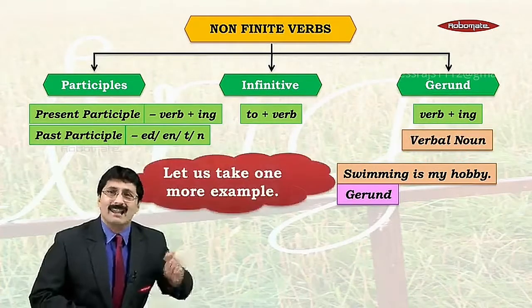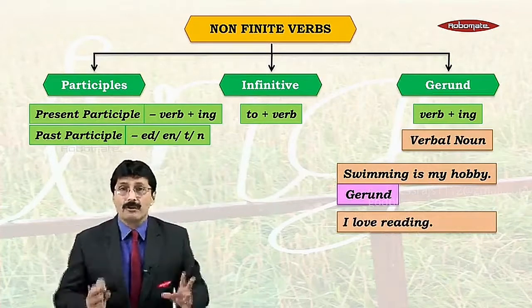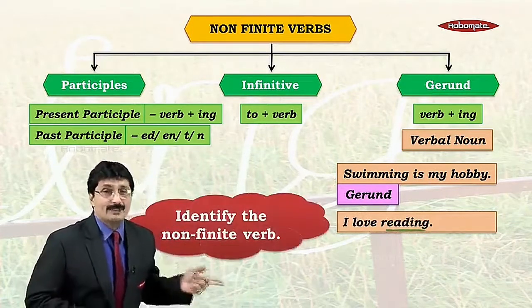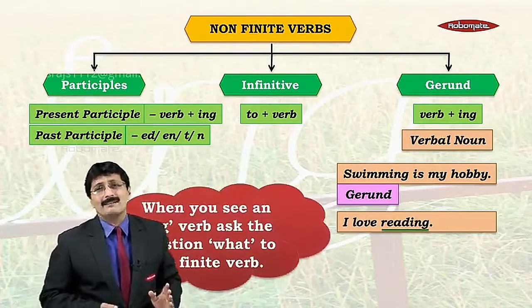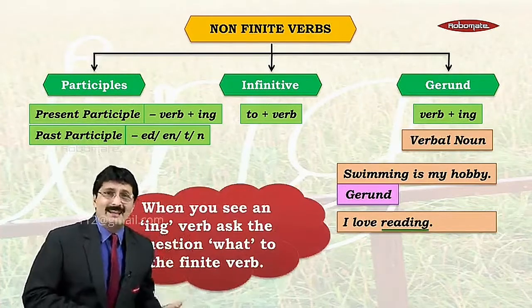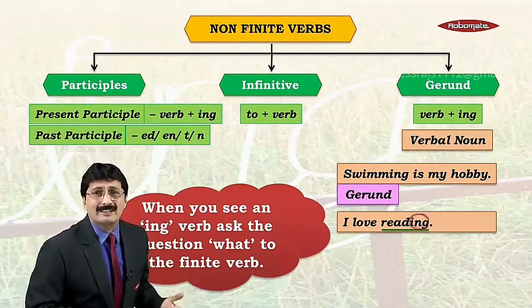Let's take one more example. Here we go. I love reading. Now, identify the non-finite verb: reading. And you know what is to be done. Whenever you see a non-finite verb ending in ing, ask the question what to the verb. I love what?